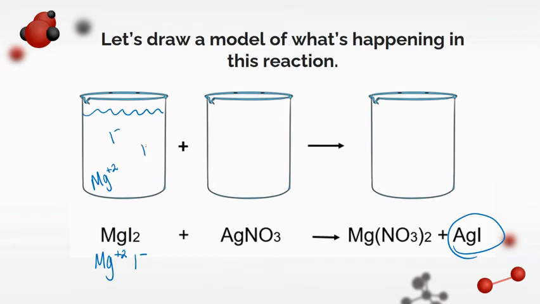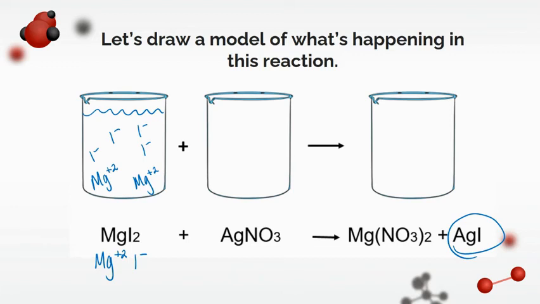So you want to make sure that you write 1 magnesium ion for every 2 iodides. Now, if you write 1 magnesium, that means you write 2 iodides. But if I just want to add a second magnesium ion, then that would mean I need 4 iodines. I really don't mind if you just do 1 magnesium and 2 iodides, as long as you keep that ratio of 1 magnesium to 2 iodines.